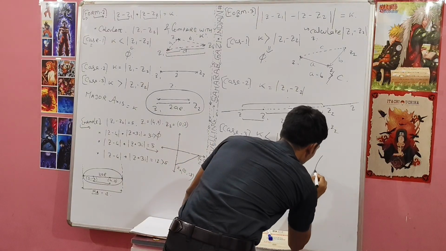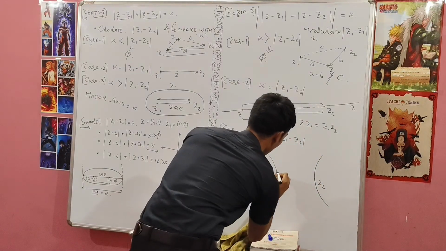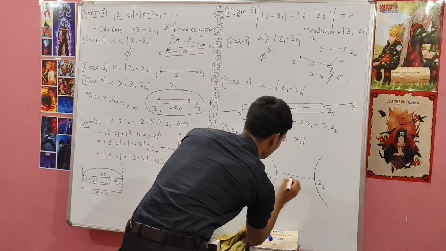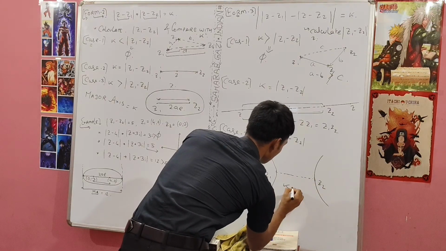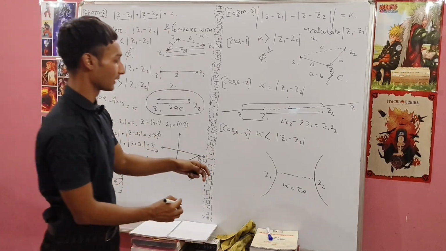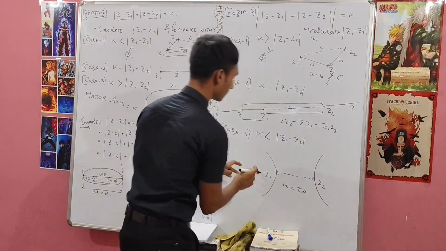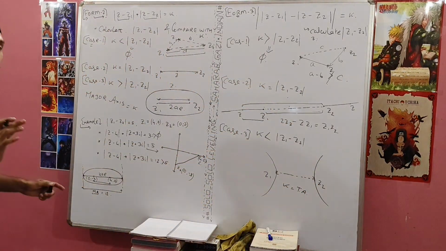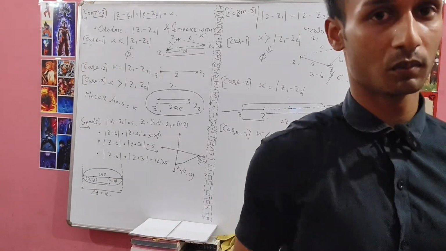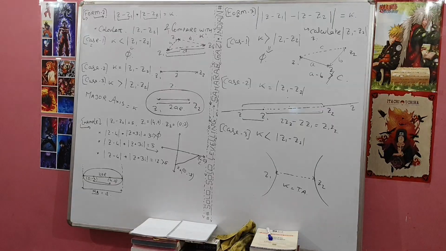You will find a hyperbola, and k is equal to the length of the transverse axis. So in this case, when k is less than mod of z1 minus z2, you will get a hyperbola with the transverse axis being the line segment z1 z2. I hope up to this is clear.